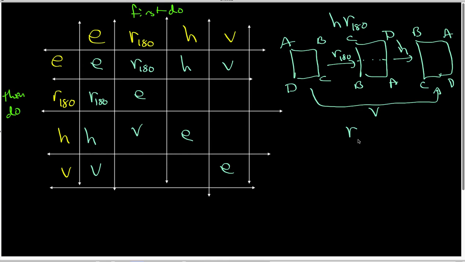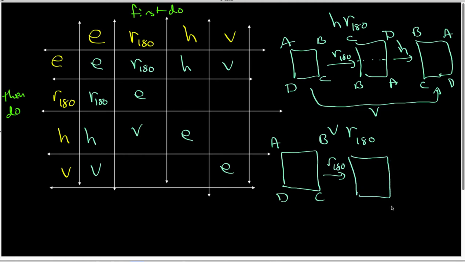If I do R180 followed by V, the picture is going to look like this. Here's A, here's B, here's C, here's D. We do R180, we get A, B, C, D, but this time we're flipping over the vertical line.